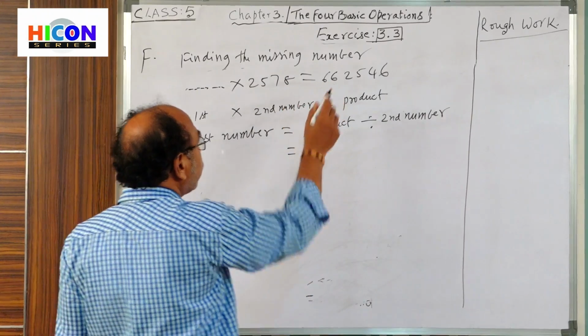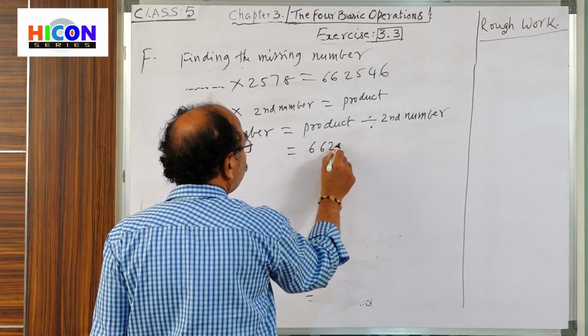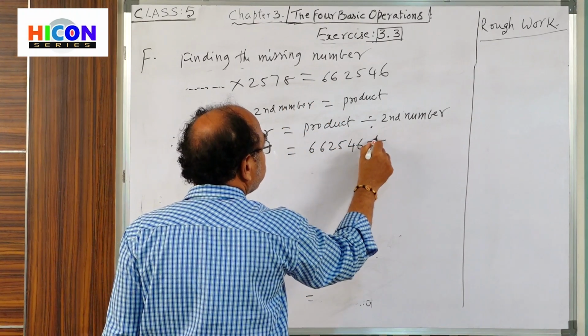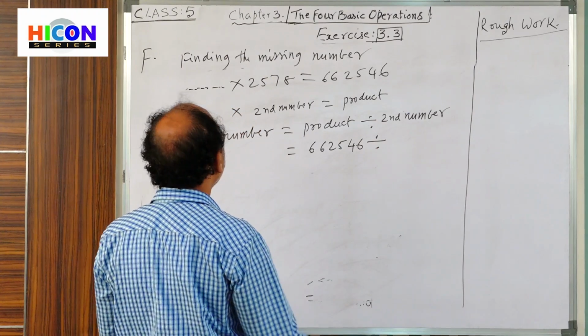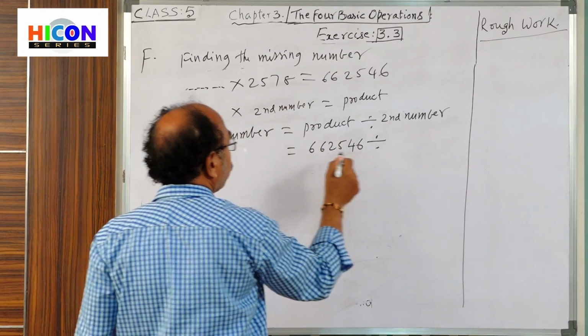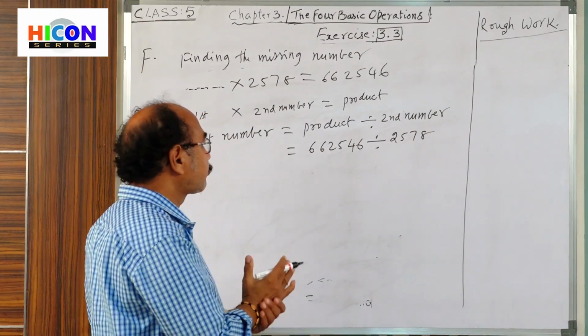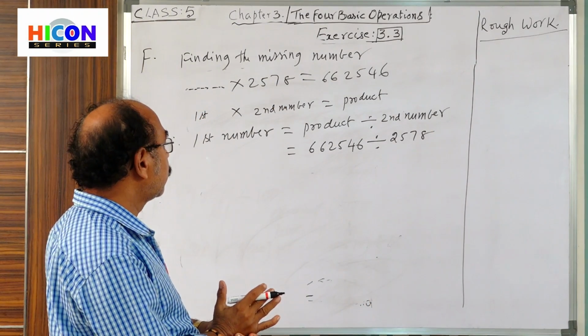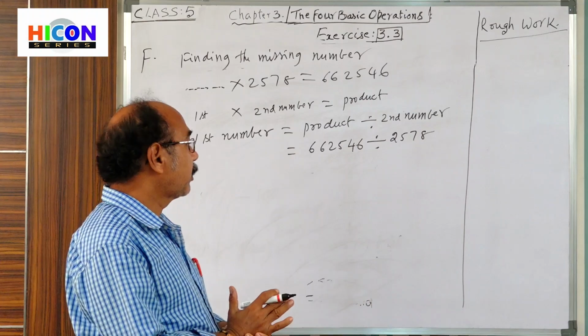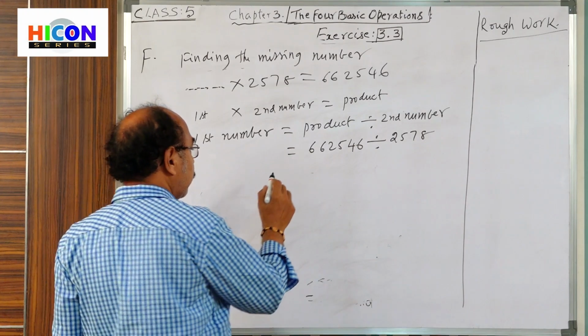What is the product here? 662546. It is to be divided by the second number, 2578. Then you will get the first number. Now I will show you the detail.